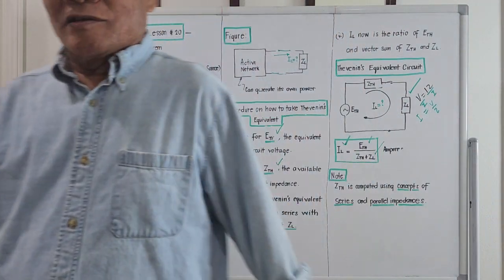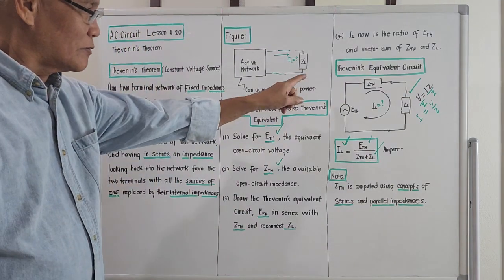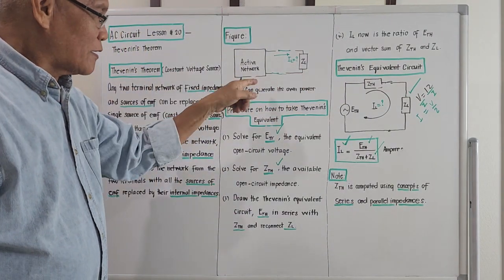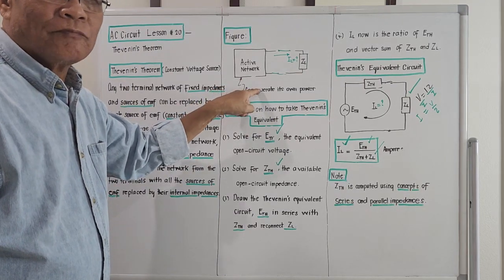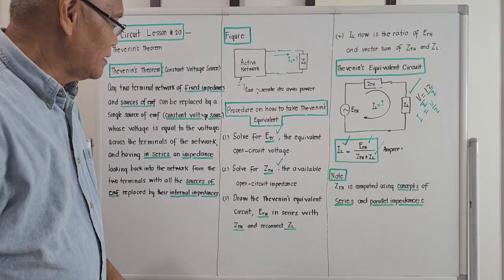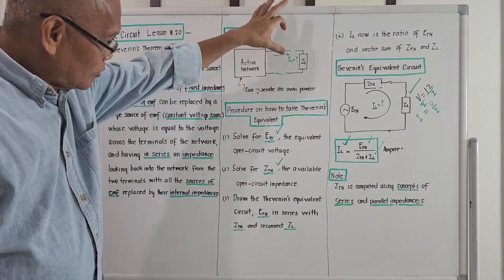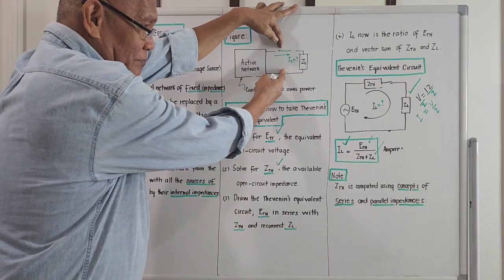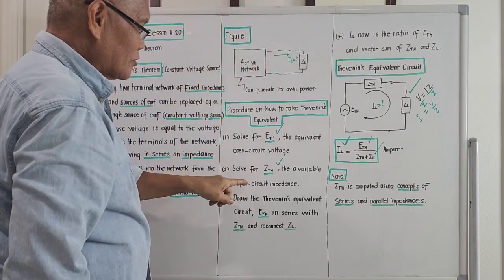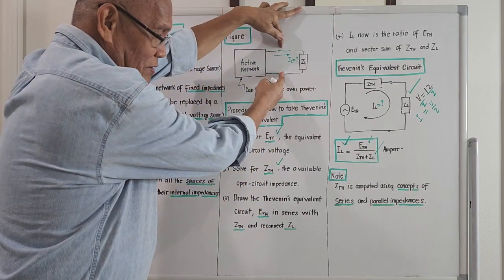That's a simplified solution on how to bring out the current passing through a load ZL if we are given an active network. So, Mr. Thevenin, I will repeat it before we finish this morning. Solve for ETH, the voltage across this. Then solve for the value of ZTH across this.